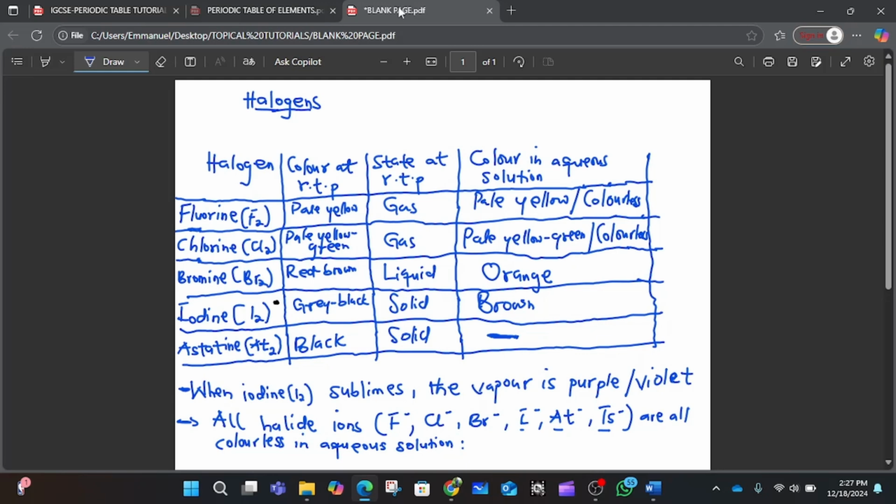It is the reason why when you have, for example, sodium chloride dissolved in water, the solution is colorless. When you have potassium fluoride dissolved in water, you see a colorless solution. And so when all halide salts are dissolved in water, because the halide salt contains the halide ions, the solution is colorless. So let's go into solving the questions now.